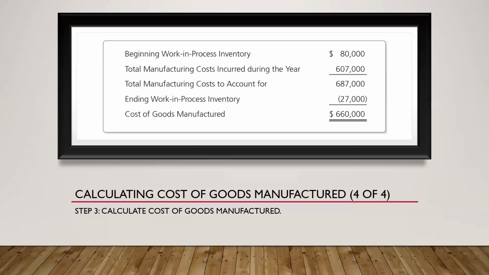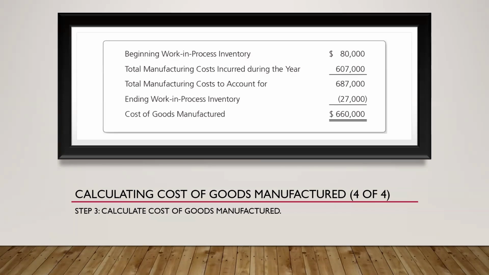So let's assume that Smart Touch Learning has some tablets partially finished, which represents $27,000 of ending work in process inventory. So here you have the beginning work in process inventory at $80,000. Total manufacturing costs incurred during the year is $607,000, which brings you to $687,000 total manufacturing costs to account for.